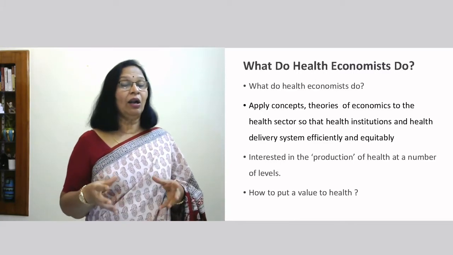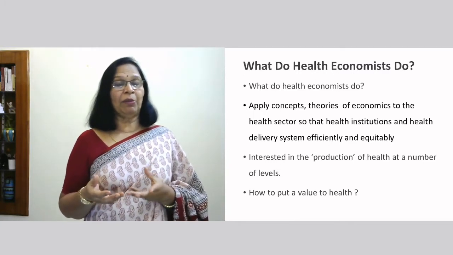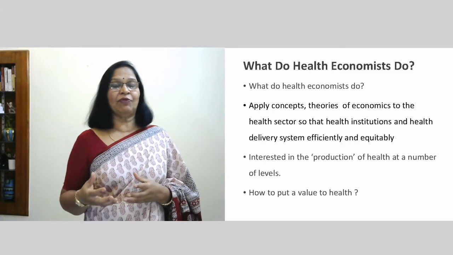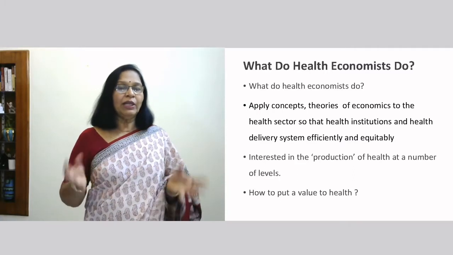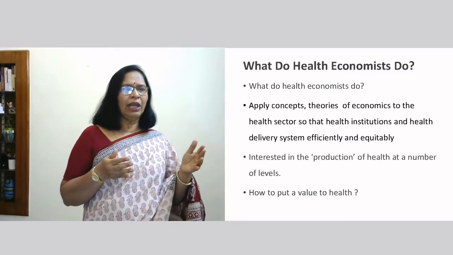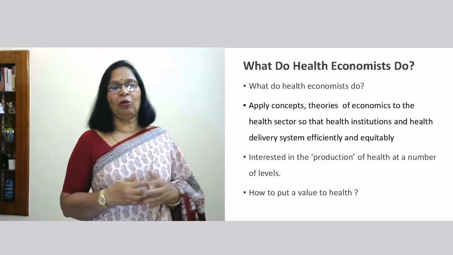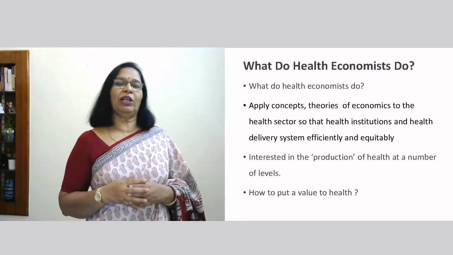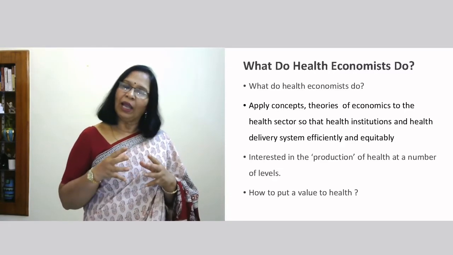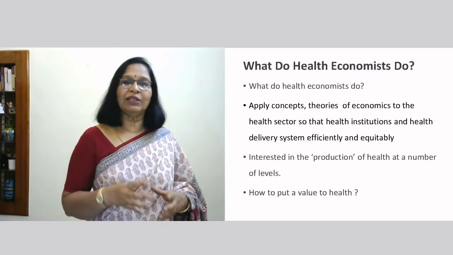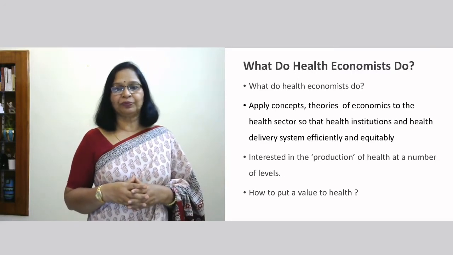You also saw the black marketing and hoarding of medicines that were used in COVID treatment. They are all explainable from the economic perspective, and that is what an economist will look at. Why has it failed? What factors have led to this failure?